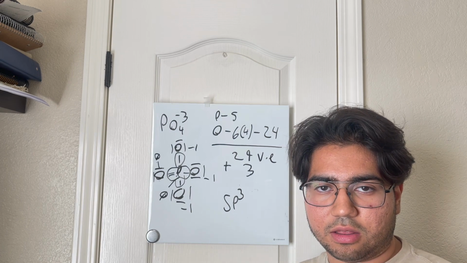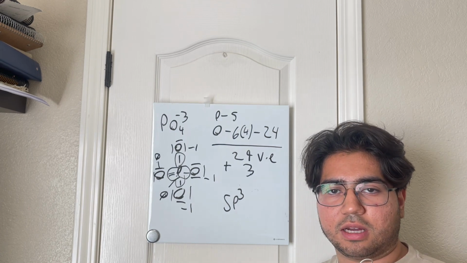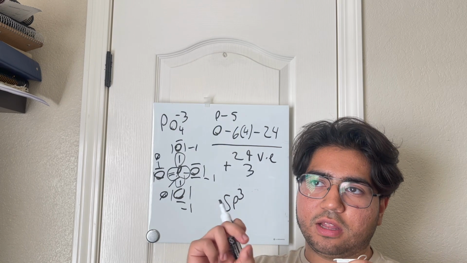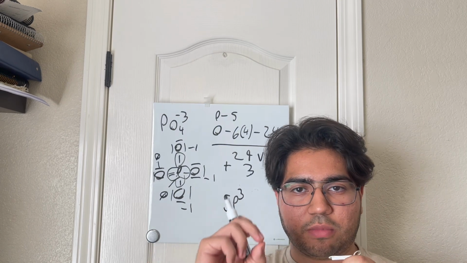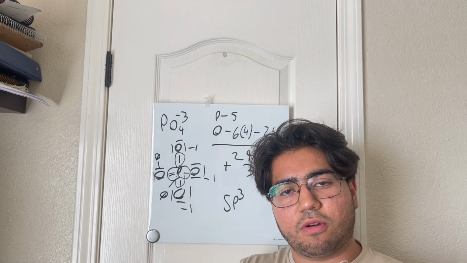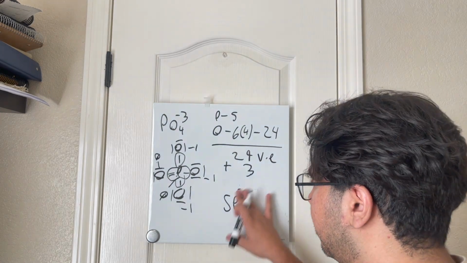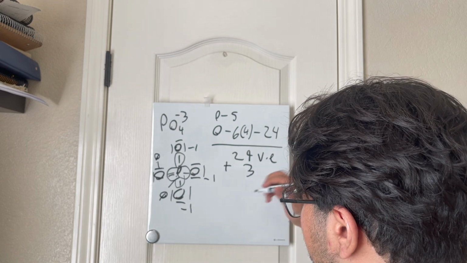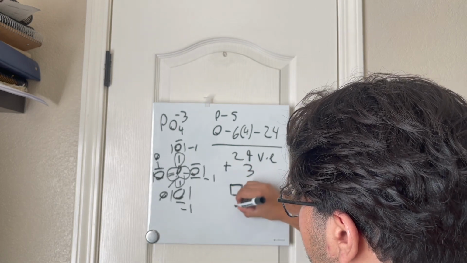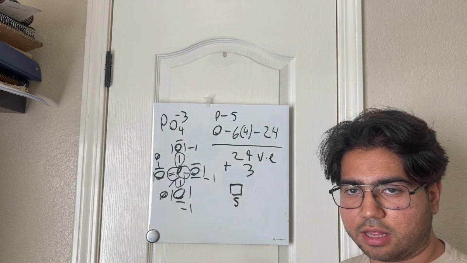The reason we do this is because we're sort of filling in electron boxes. If you recall from Chem 1, the S block has one box, so we're filling in that box.